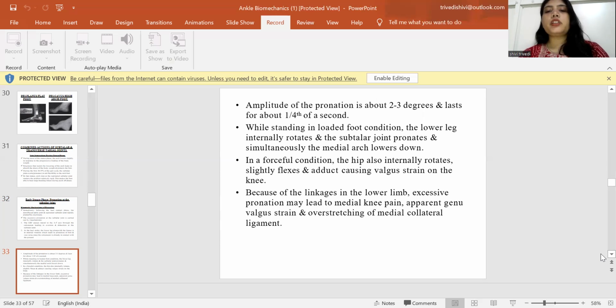In a forceful condition, the hip also internally rotates, slightly flexes, adducts causing valgus strain on the knee. Because of the linkages in the lower limb, excessive pronation may lead to medial knee pain, apparent genu valgus strain, and overstretching of medial collateral ligament.